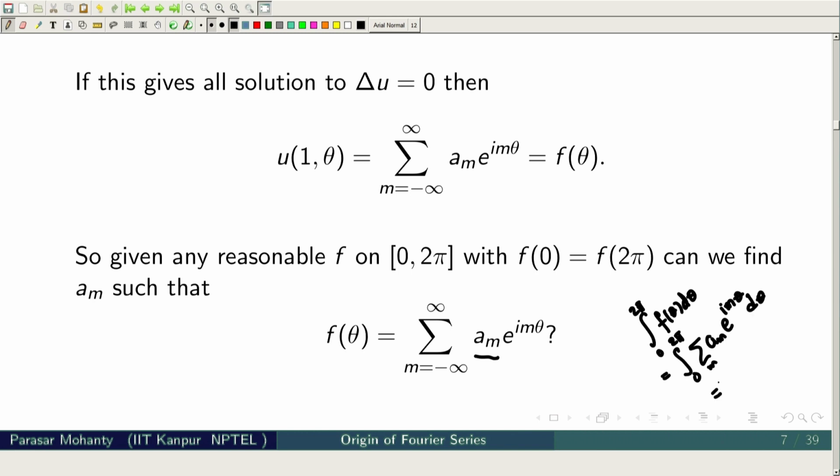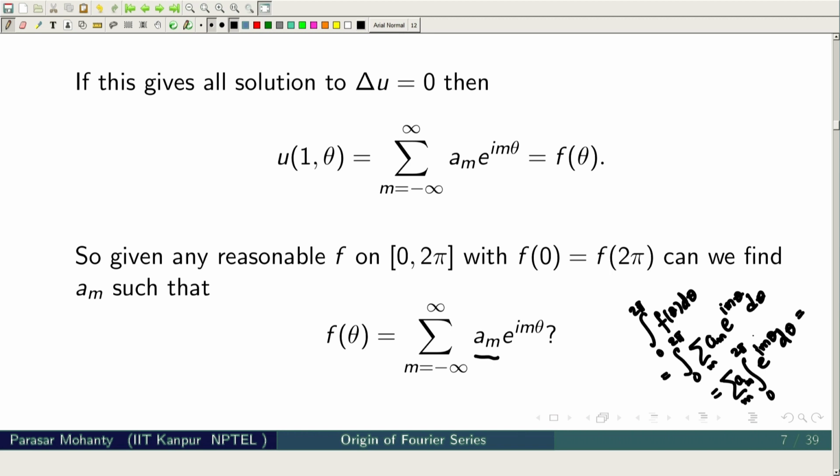Now, without bothering about the condition under which we can interchange the sum and the integration, if we just formally do this, then a_m is independent of theta, so we get the integral of e^(i m theta) d theta.